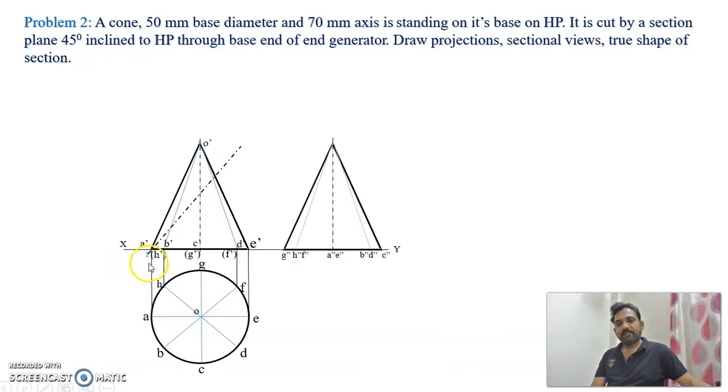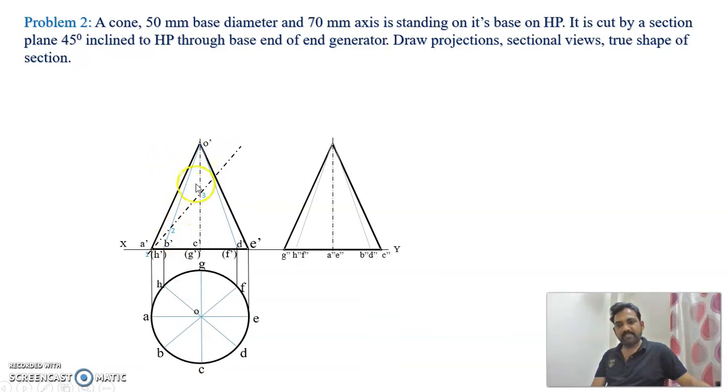Now see, I have marked here point A as point 1. It is passing through this base end, that means it is passing through point A, so it has been marked point 1. Then it is cutting O dash B dash as well as O dash H dash. So mark it as point 2 on O dash B dash. We will go sequence wise.